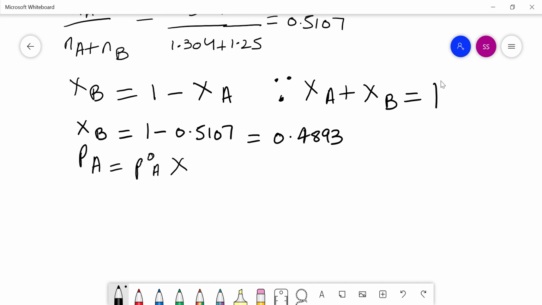इसके बाद हम कैलकुलेट करेंगे पार्शियल प्रेशर ऑफ इथेनॉल, which is equal to P naught A into mole fraction of A, is 0.5107 into 44.5, which is equal to 22.73 mmHg.